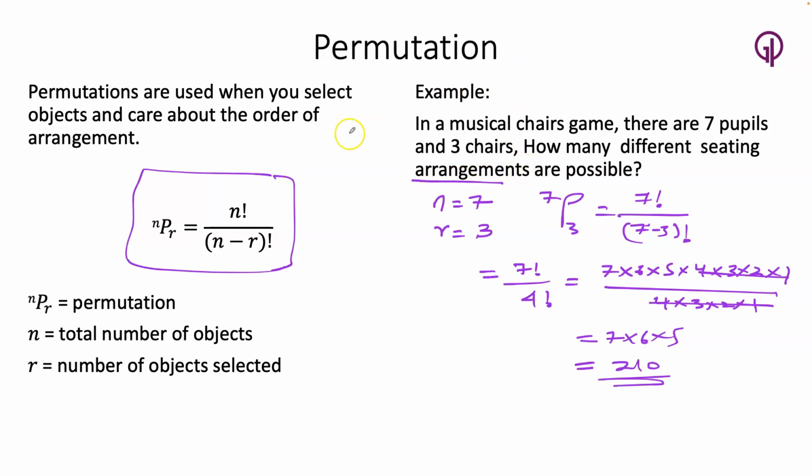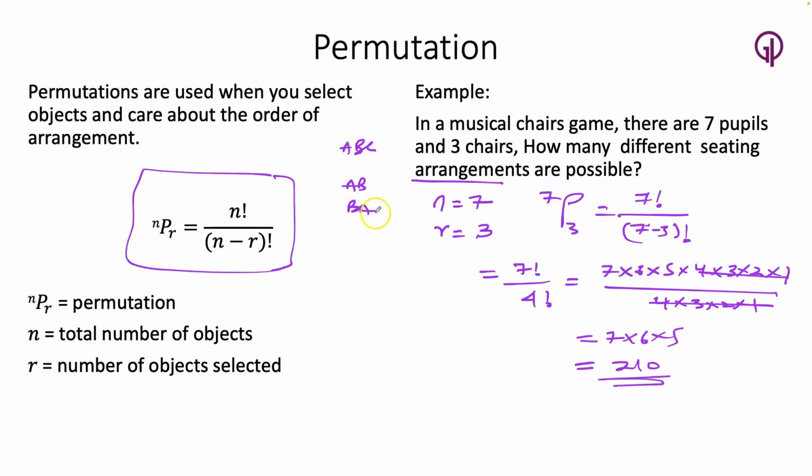So if you have, let's say, A, B, C, and you are told to see the different number of ways you can pick two letters out of A, B, C, A, B will be different from B, A in terms of permutation, but under combination, it won't matter.